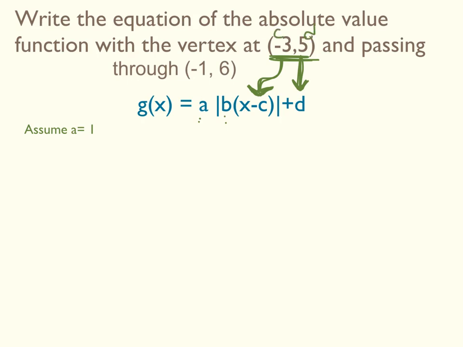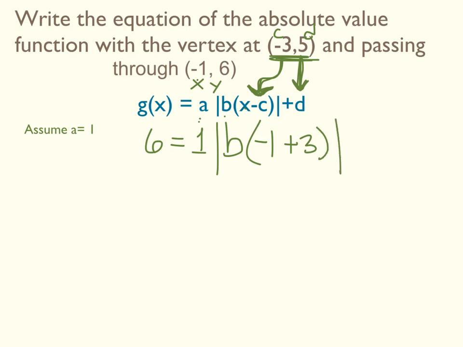And then if I give you a point, I've given you an X and a Y. So I'm going to plug it in with 6 for my Y, or my G of X. A is 1. B we don't know yet. X is -1. Minus -3 will be +3. And then plus D, so plus 5.